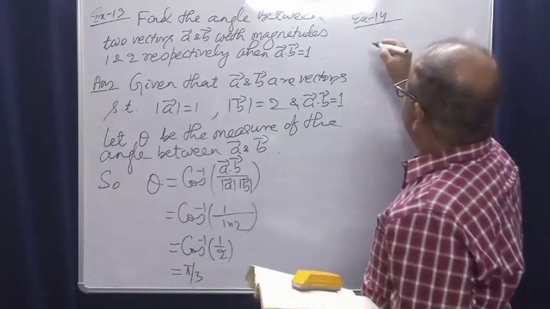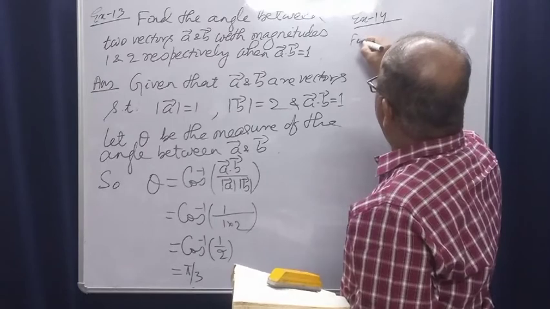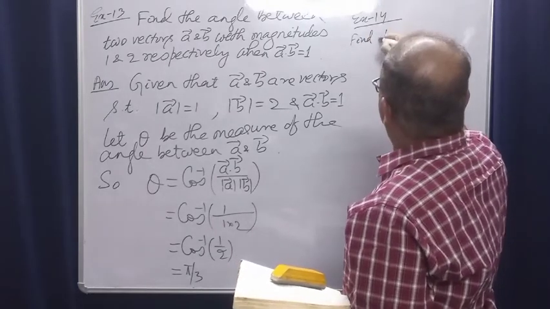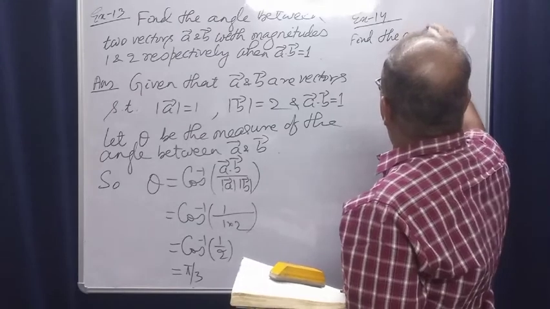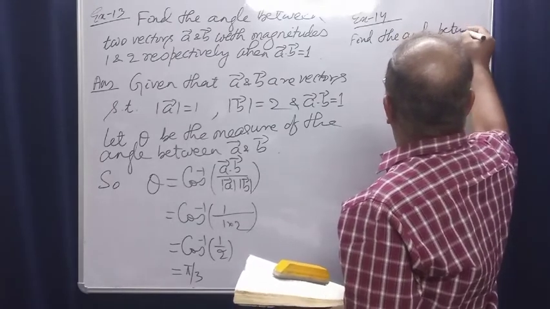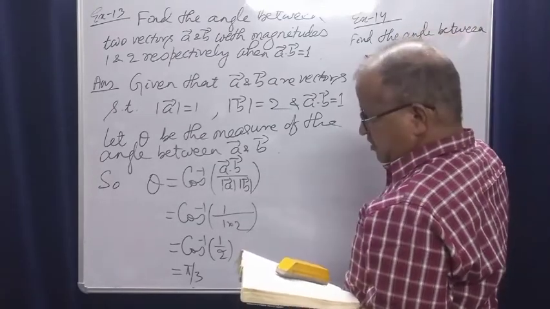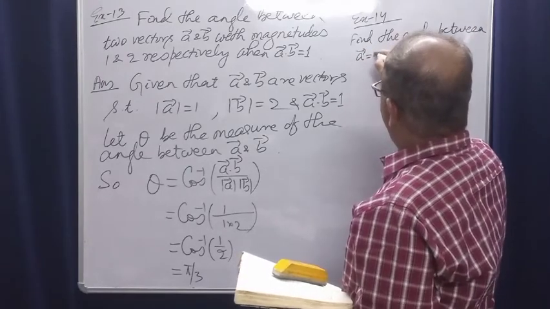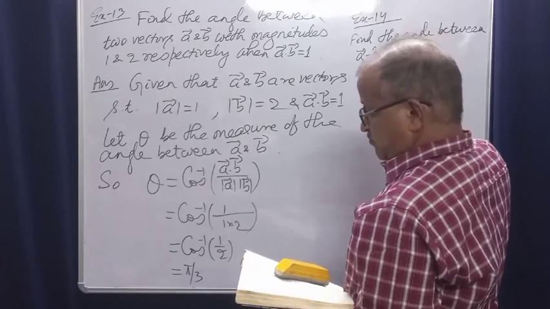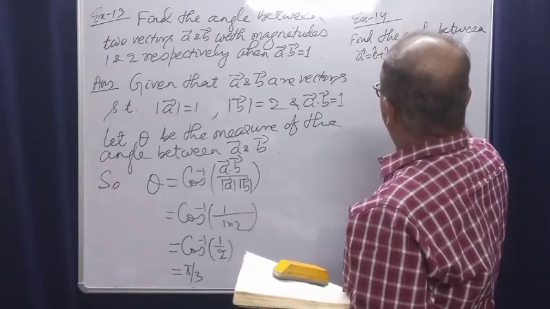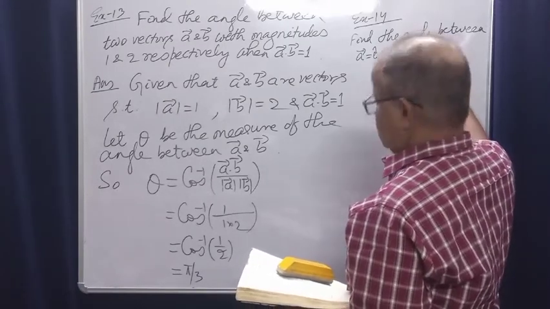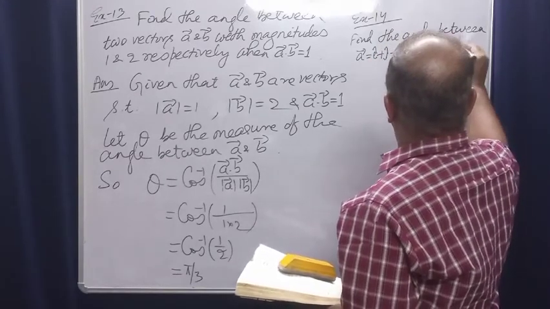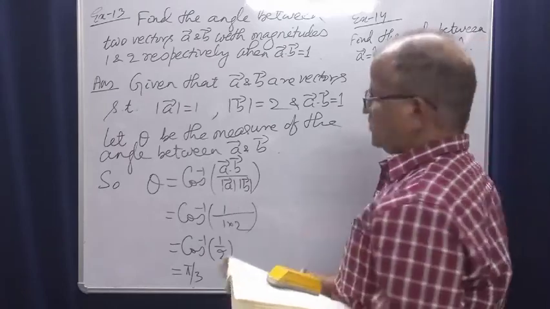Find the angle between the vectors A is i cap plus j cap minus k cap and B is i cap minus j cap plus k cap.